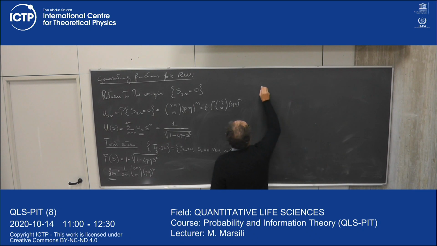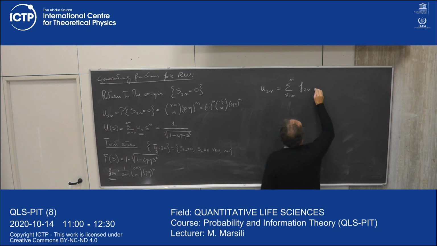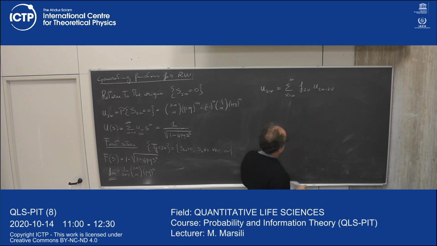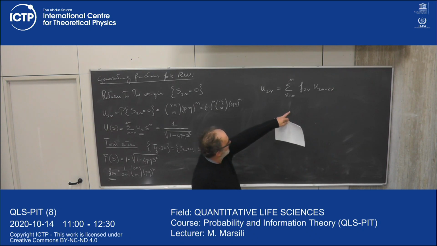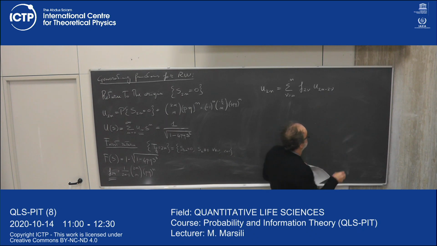If you want to compute the probability of a return at time 2n, then this can be computed in this way. You should return to the origin for the first time after 2nu steps, and then in the remaining walk, you have to be back at the origin after 2n minus 2nu new steps.